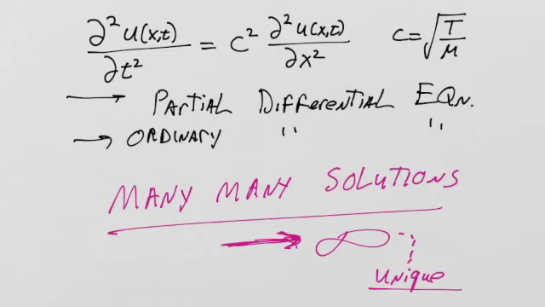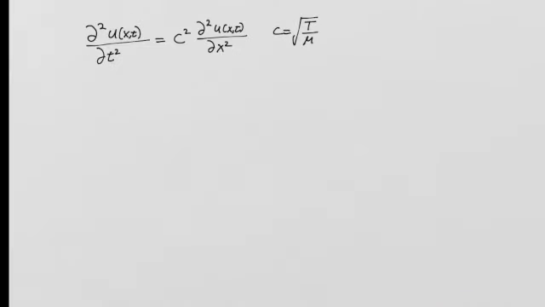So let's begin. The first thing we're going to do is take a look at u of x and t and say, wouldn't it be nice if it turned out that this solution was actually the product of two slightly easier functions, X of x and T of t? So what we're going to pretend is that whatever this answer is, and we don't know what the answer is, it's going to be separable into two separate parts that can be multiplied together.